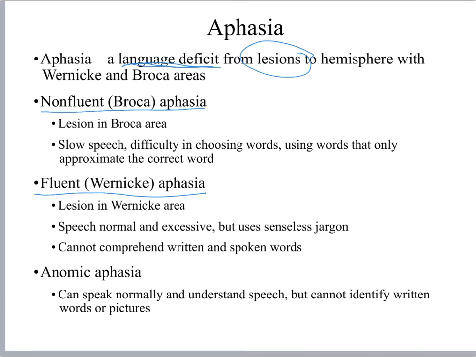Non-fluent is where Broca's area is affected, and you see symptoms like slow speech. Whereas if Wernicke's area has experienced a stroke, speech can be normal and excessive, but with a lot of senseless words. What's interesting is that they have a difficult time comprehending written and spoken words.